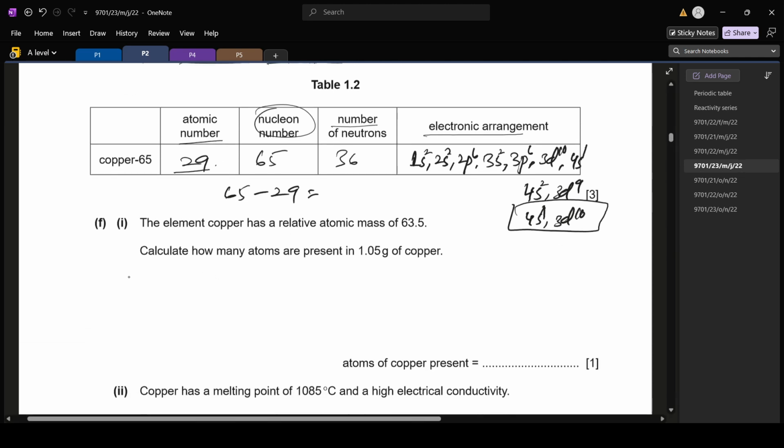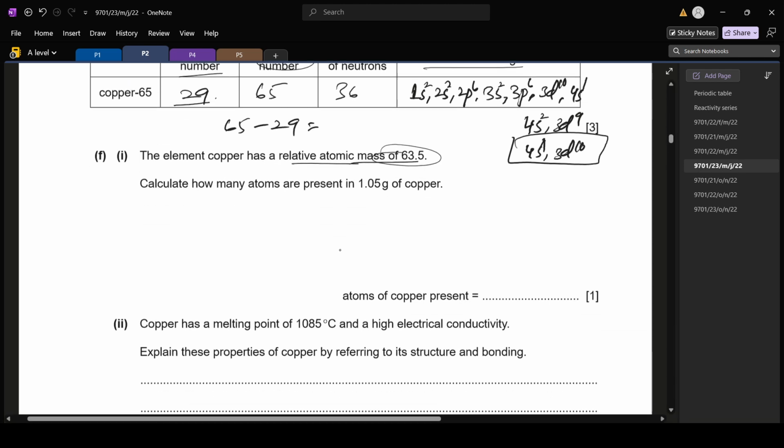Okay, part F. The element copper has a relative atomic mass of 63.5. Calculate how many atoms are present in 1.05 gram of copper. So first we will calculate moles. Moles is equal to mass over relative atomic mass.